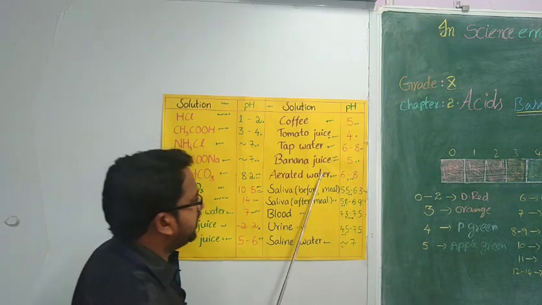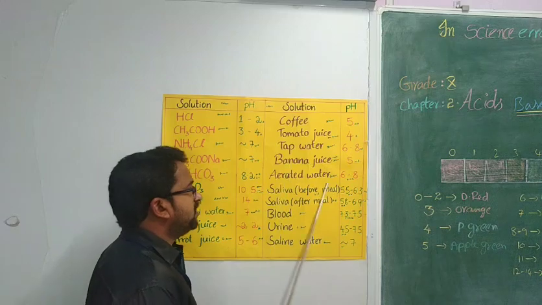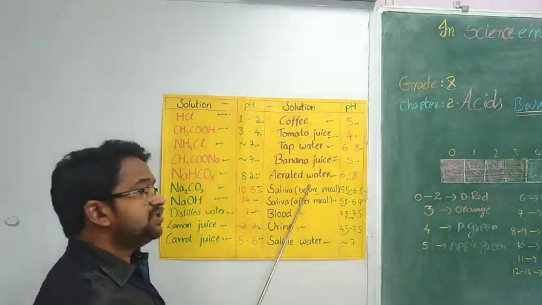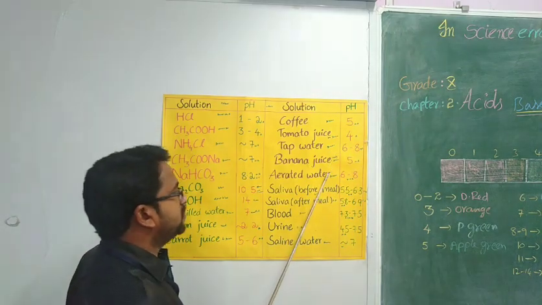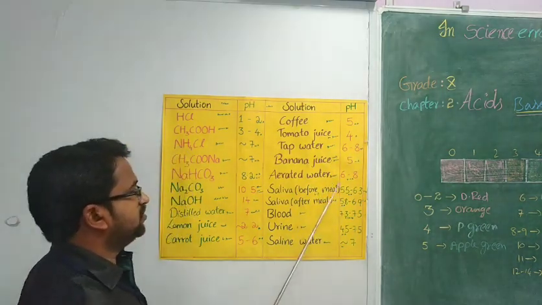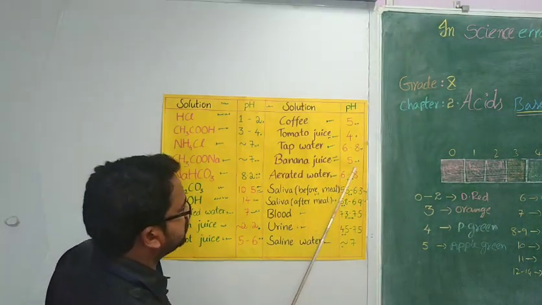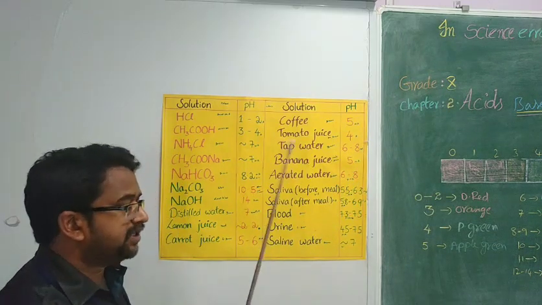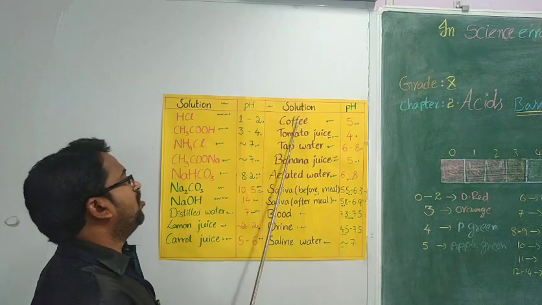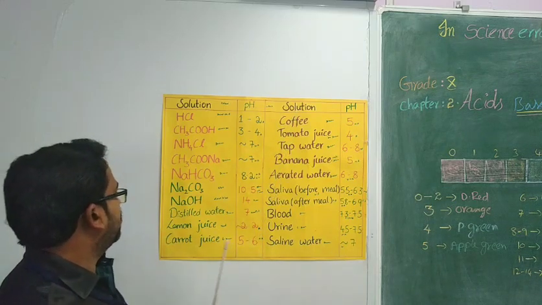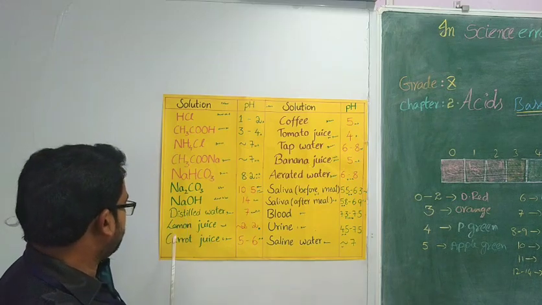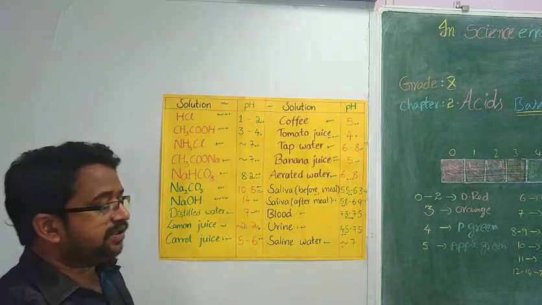How can you say it is mild acidic? Because what is there in the cool drinks? Carbon dioxide gas. CO2 is acidic in nature, so it is slightly acidic. Don't forget the range may be 6 to 8, but aerated water is acidic in nature. Coffee, aerated water, sodium bicarbonate and lemon juice: these are repeated bits.